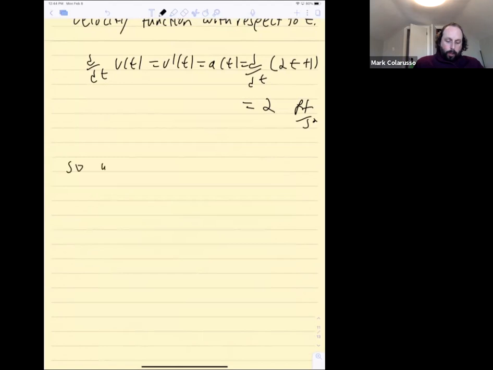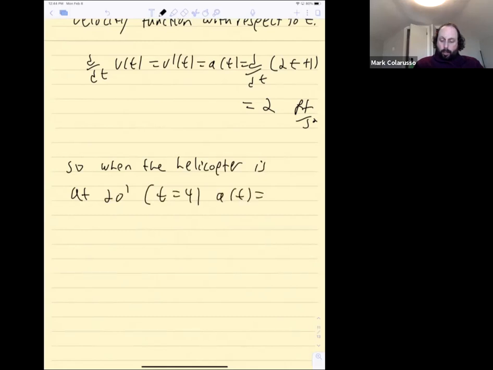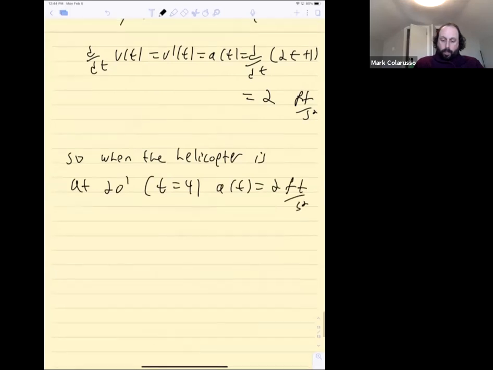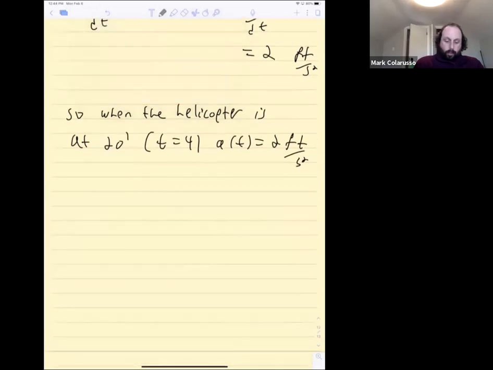So when the helicopter's at 20 feet, t equals 4, a of t is 2 feet per second squared. And you can say, in fact, the acceleration is constant throughout the motion.